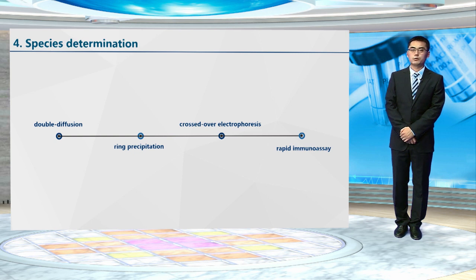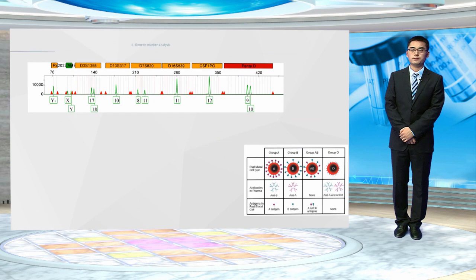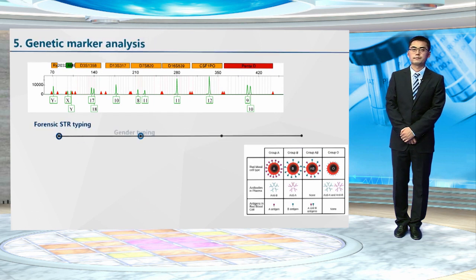The most commonly used serological techniques in forensic species testing are double diffusion, ring precipitation, crossover electrophoresis, and rapid immunoassay.